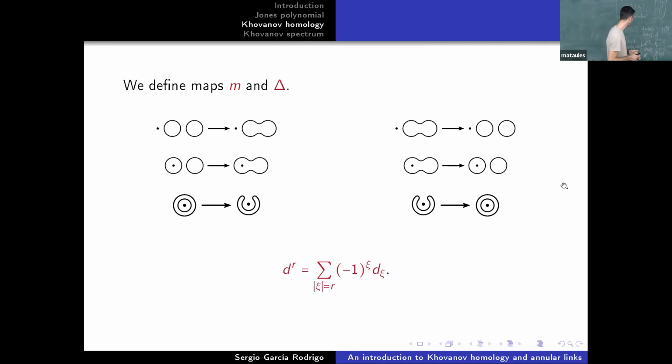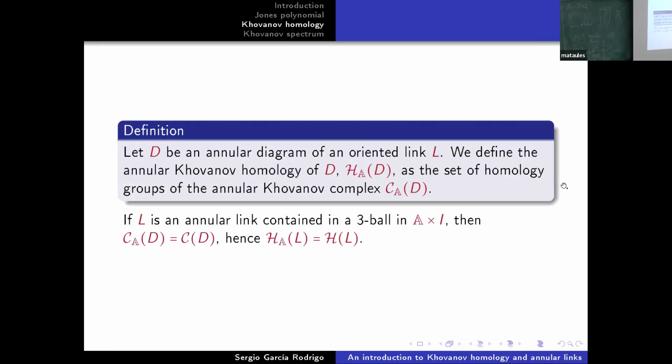You can define both maps m and delta for these cases. You do it exactly the same. So for each generator, you have the image. So you explicitly have those maps. So you can compute also the kernels and the images, and you can do the quotient.